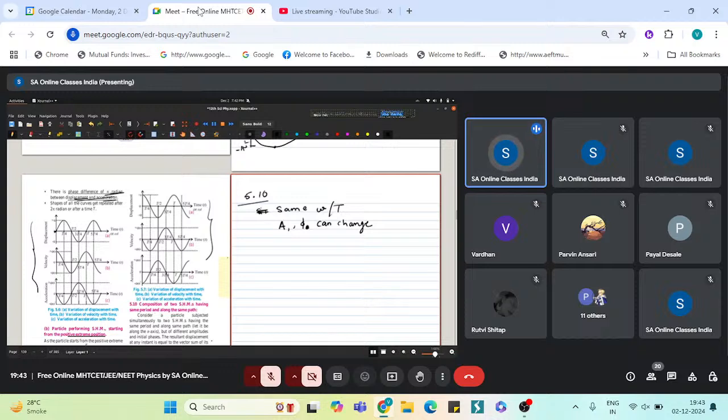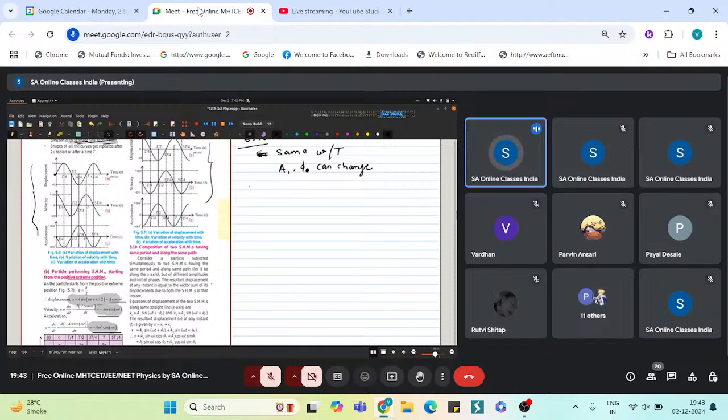So that is what we are going to find out. That is, if two or more SHMs are acting on a single particle with same omega or same T, then what is the resultant motion? What does it look like? So that is the part that we'll cover here.